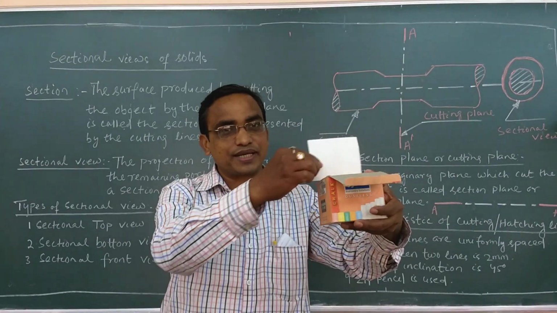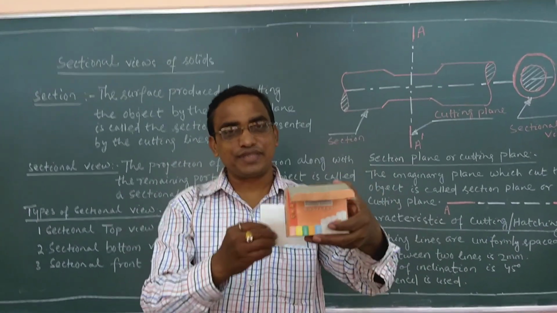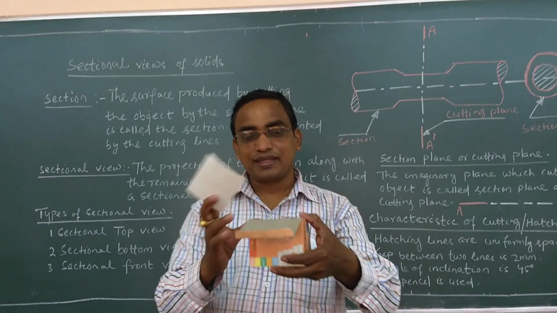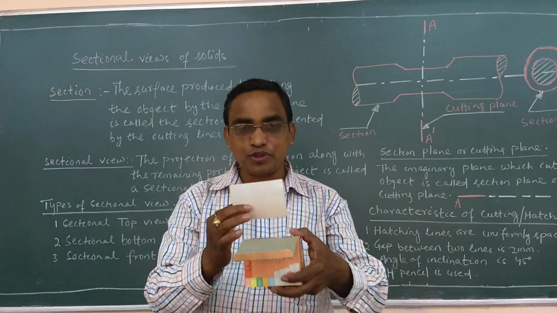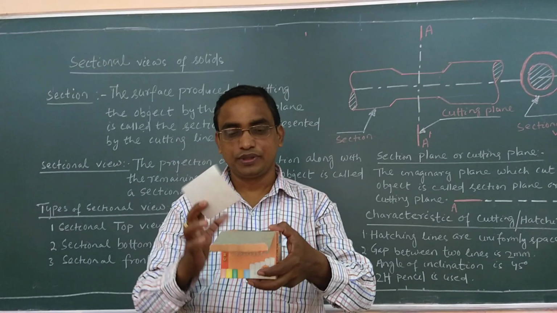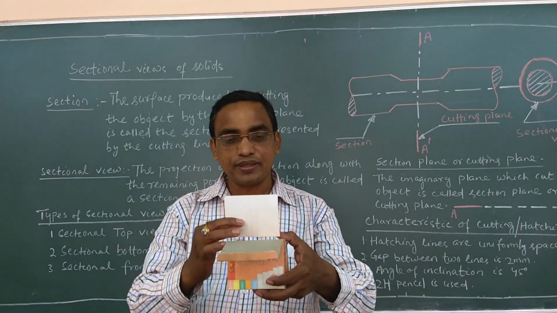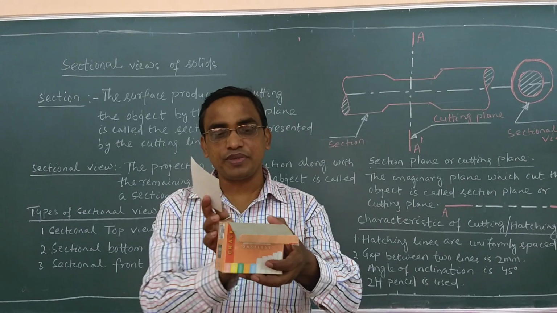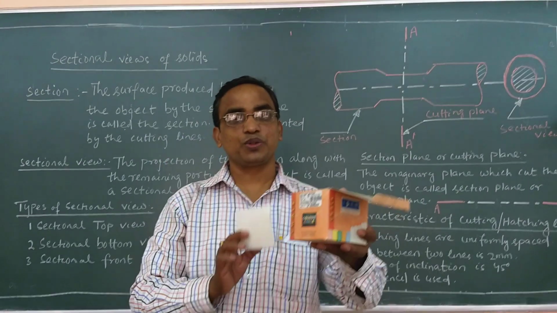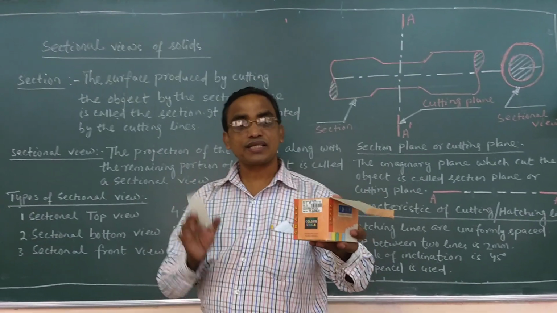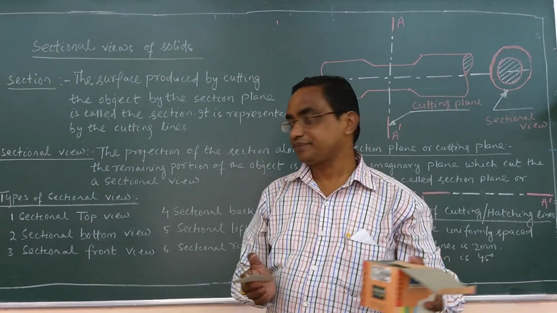When I cut, the object is divided into two parts, and I assume to remove the part in between the cutting plane and the observer, means this part. The surface which is produced is called the section of the object.